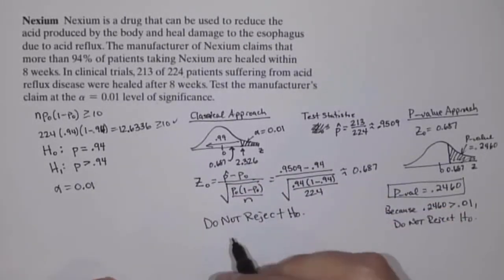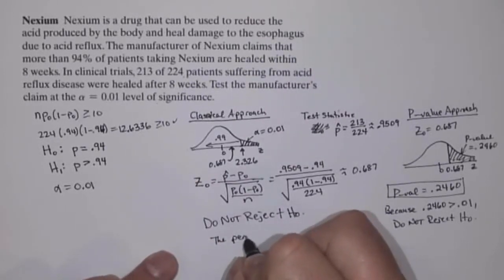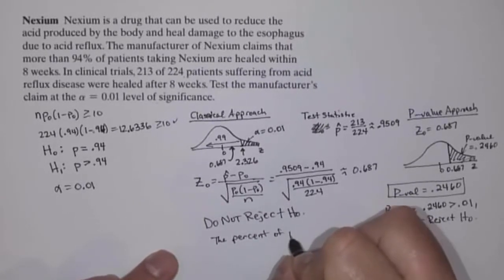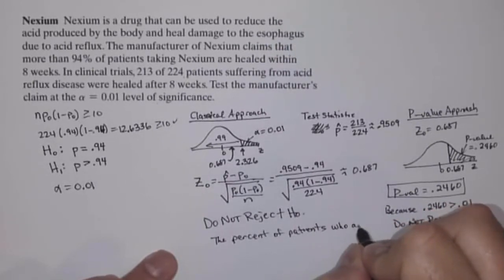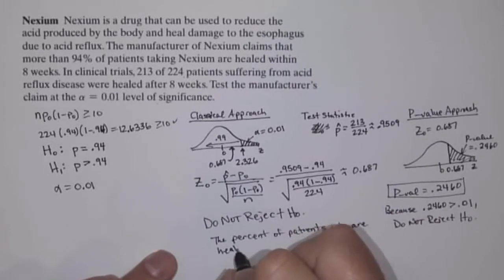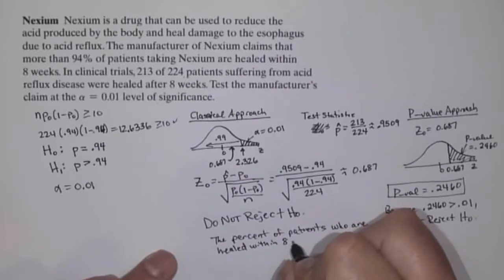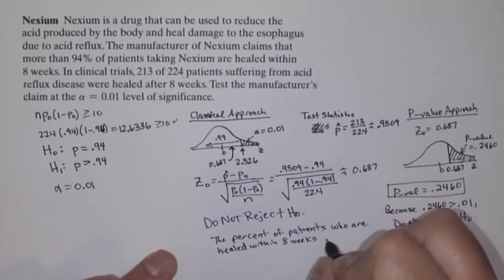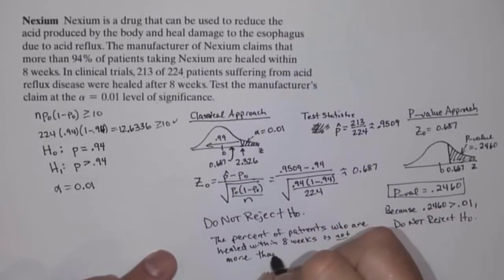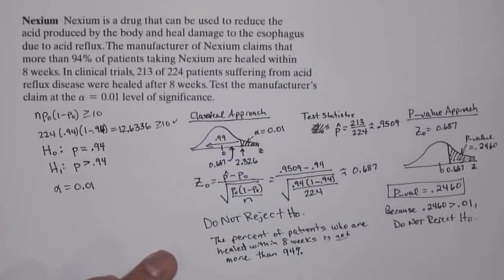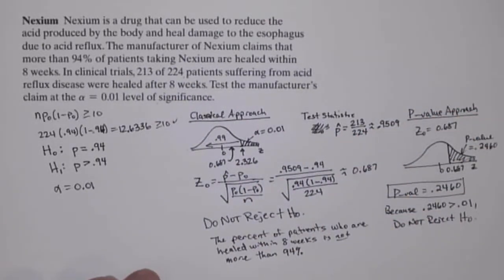So as far as we can tell, the percent of patients who are healed within 8 weeks is not more than 94%. So it may be 94%, but it's not more than 94% as far as our test goes.